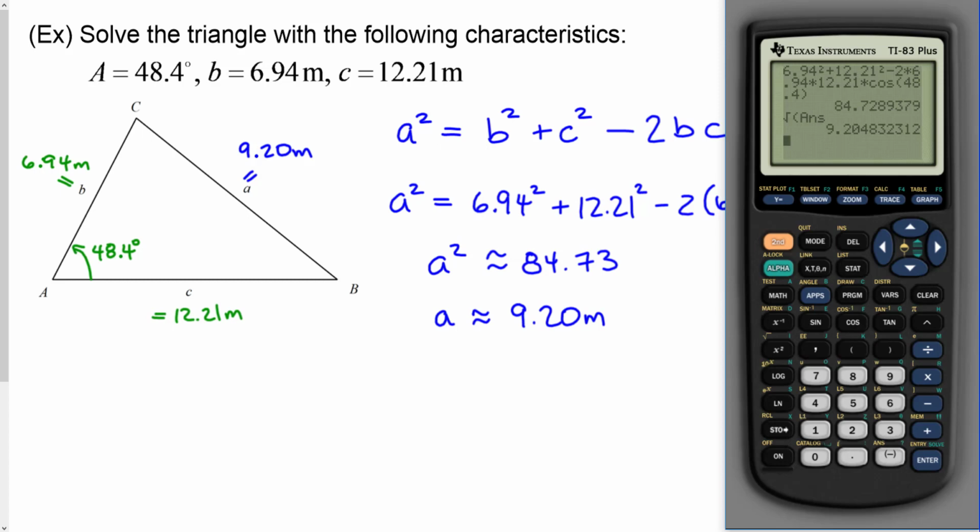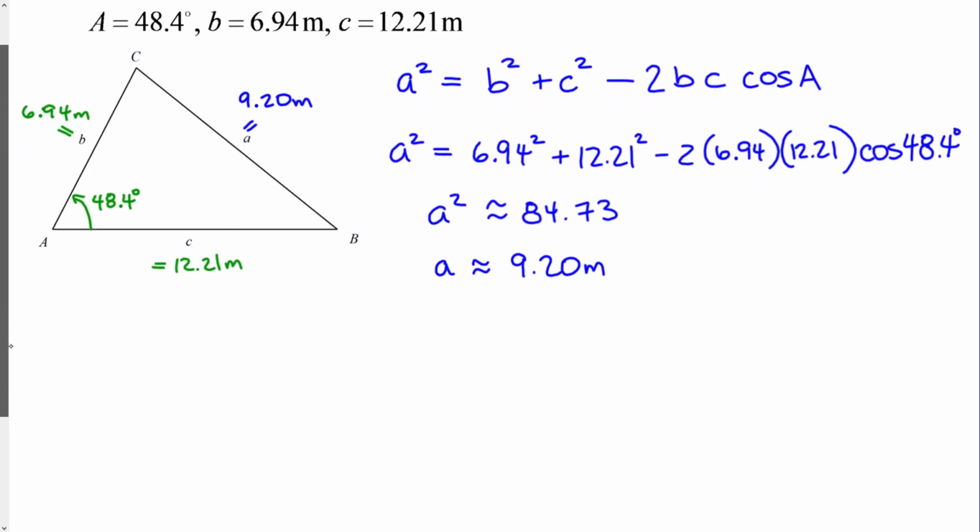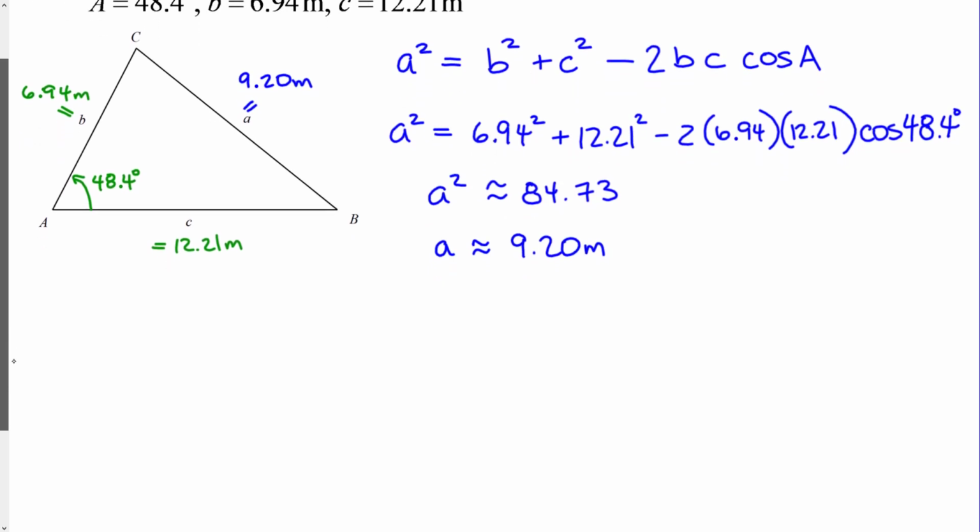It's not always possible when you have to use the law of sines and law of cosines. You should avoid it if you can, but if you can't, just do the best you can. Now, I still need to figure out what angle B and angle C are. All right, so to get angle B, I think what I'll do is I'll switch and use the law of sines next. So let me scroll down a bit so I have some space to write.